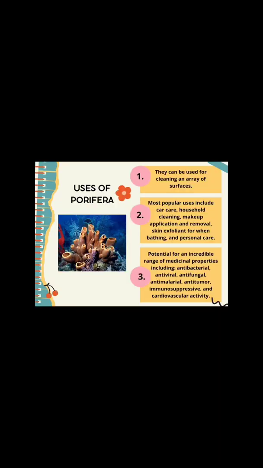And the third, when scientists have screened cells from sponge tissues, they found compounds with the potential for an incredible range of medicinal properties, including antibacterial, antiviral, antifungal, anti-malaria, anti-tumor, immunosuppressive, and cardiovascular activity.